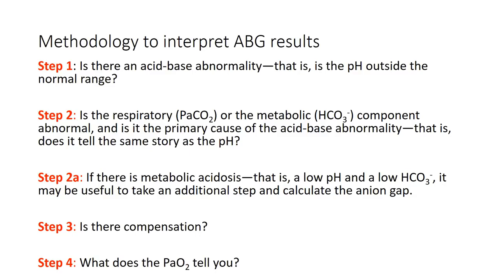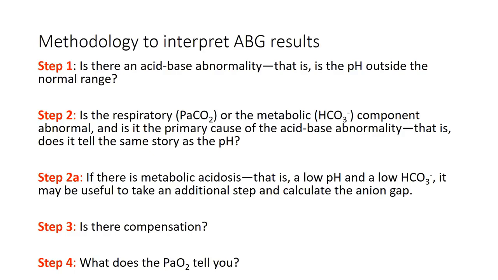Once we've decided on that, we need to see step 2, which of the two systems fits with the abnormality. So if it's an acidosis, is it a respiratory component? When we look at the CO2 level, the arterial pressure of the CO2, is it high? Or is it a metabolic cause of the acidosis? So with the bicarbonate level, is it low? Has it dropped, causing a metabolic acidosis?